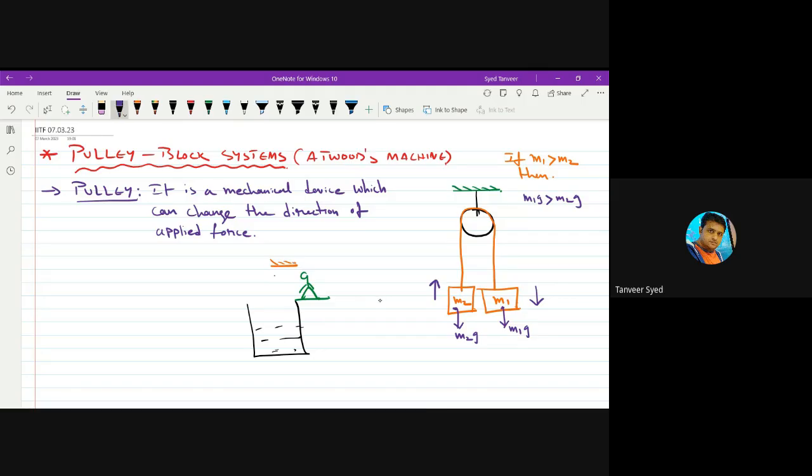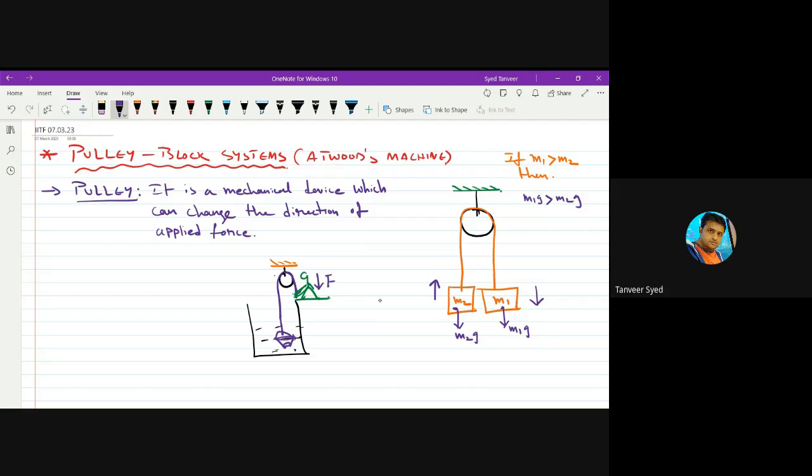This is some rigid support, this is the pulley, and this is the rope, to which some vessel, let us say a bucket, is tied, and you have to lift water from the well. What do you do? You pull the rope. In which direction? Downward, sir. You are pulling the rope down. That means the force applied by you on the rope is in the downward direction.